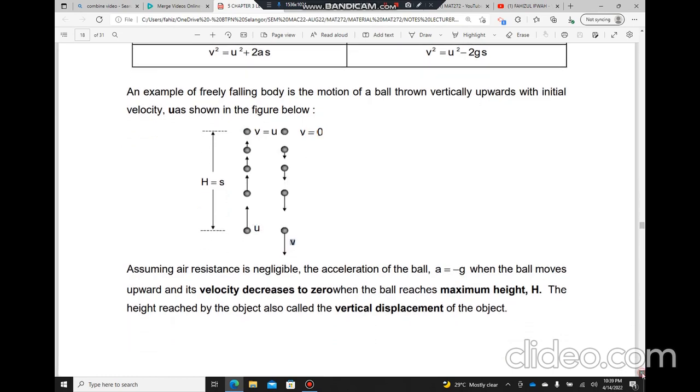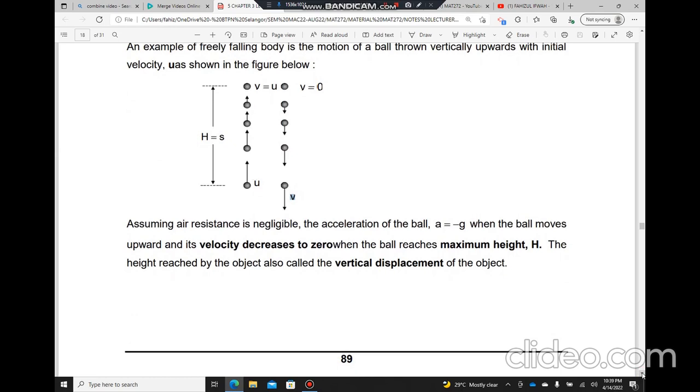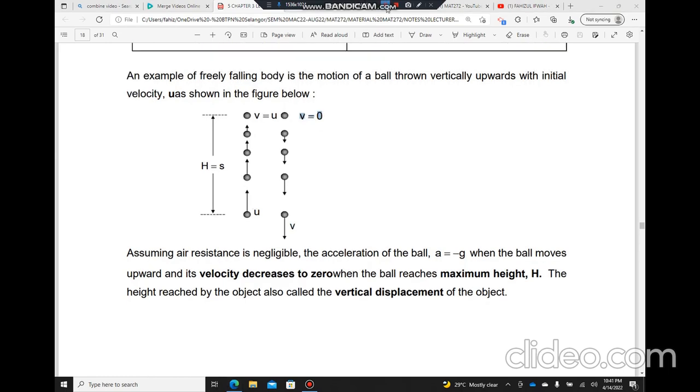Okay, assuming air resistance is negligible, the acceleration of the ball a equals to negative g when the ball move upward and its velocity decreases to 0 when the ball reach maximum height h. So velocity ni dia akan jadi 0. Kat sinilah saya kata v equals to 0 bila dia capai kedudukan maksimum, maknanya paling atas sekali velocity dia akan jadi 0.